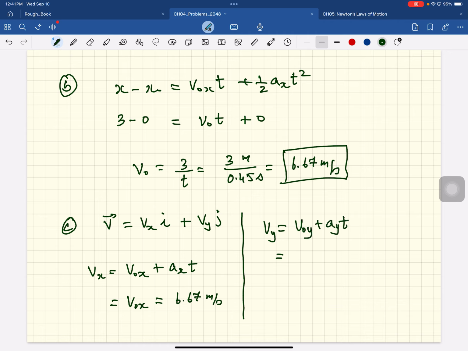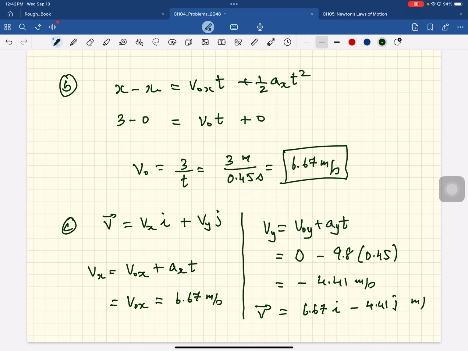What is the initial y component of the velocity? 0. Ay is negative 9.8 meters per second squared, and the time of flight was 0.45 seconds. So this was equal to negative 4.41 meters per second. The final velocity is 6.67 i minus 4.41 j meters per second.